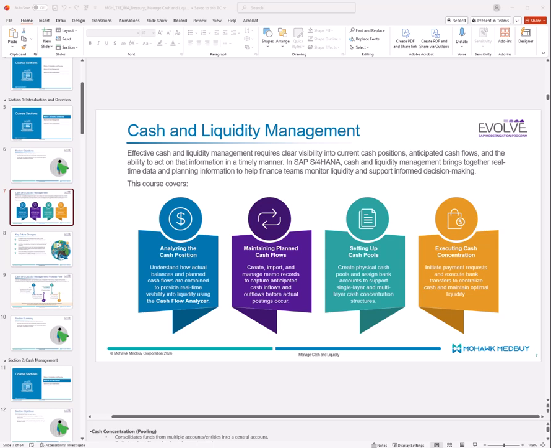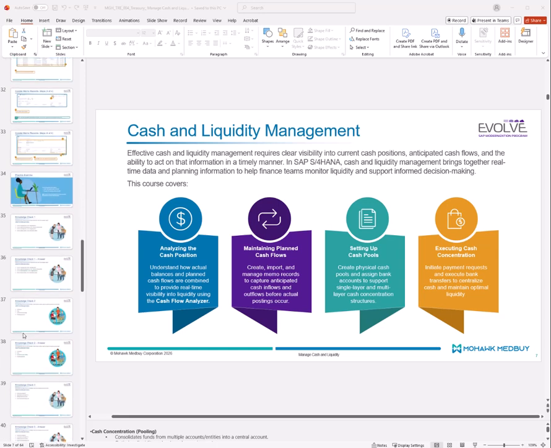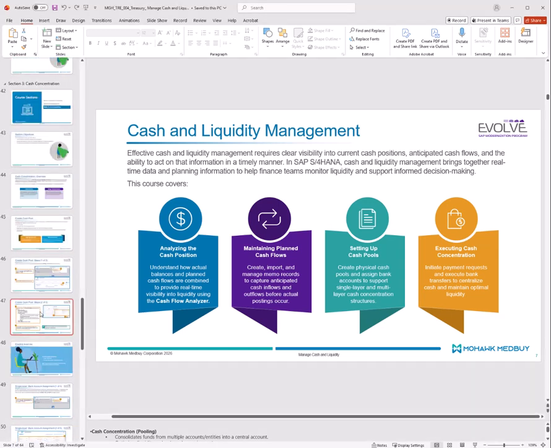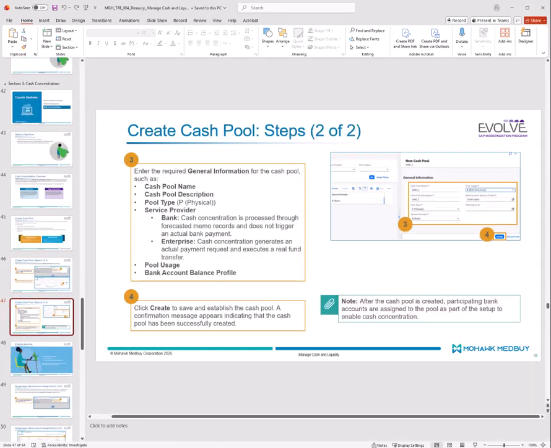If we go to slide number 47, I believe. Yes. As I mentioned, cash concentration can be for the memo records of cash. The main difference is that when we are creating a cash pool, we have to mention the service provider. If it is bank, it means that we create a memo record for our internal transfer.